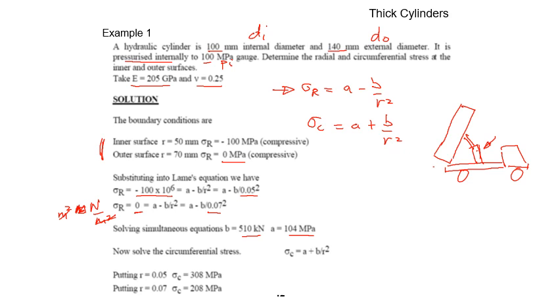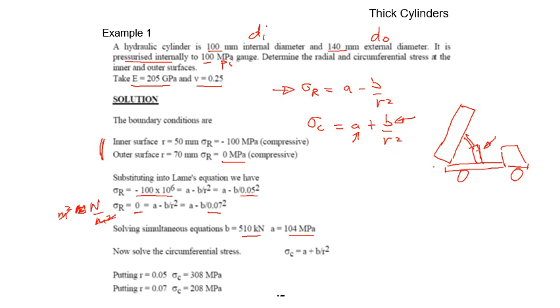And once we have A and B, we already solved the first part of the question, which is radial stresses at the inner and outer surfaces, already given from the pressure. So we know sigma r is minus 100 and 0. So we are left to find only the circumferential stress on the internal surface and the outer radius. So we apply A and B into the equations here. A is 104 megapascal, B is 510 kilonewtons.